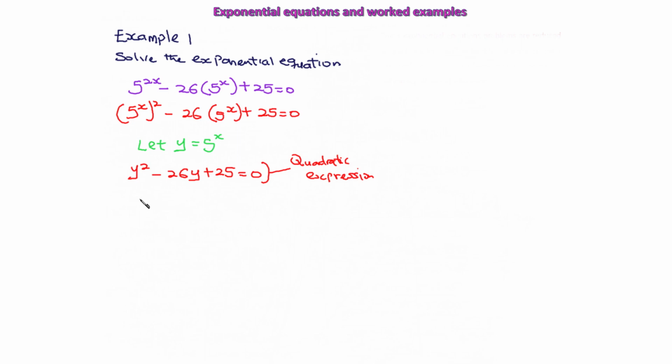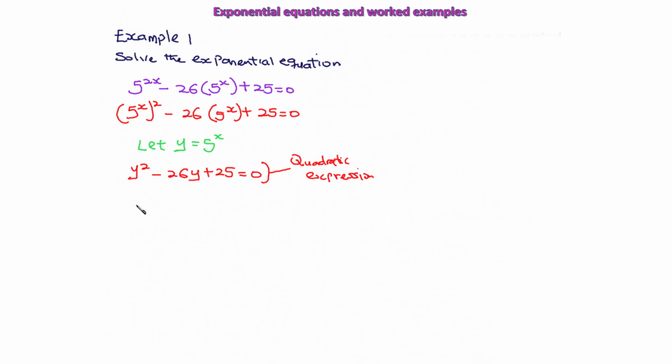Let's factorize this. How do we factorize this? The coefficient of y, which is minus 26, you find two factors that when you add them, you get minus 26, and when you multiply those two factors, you get plus 25.